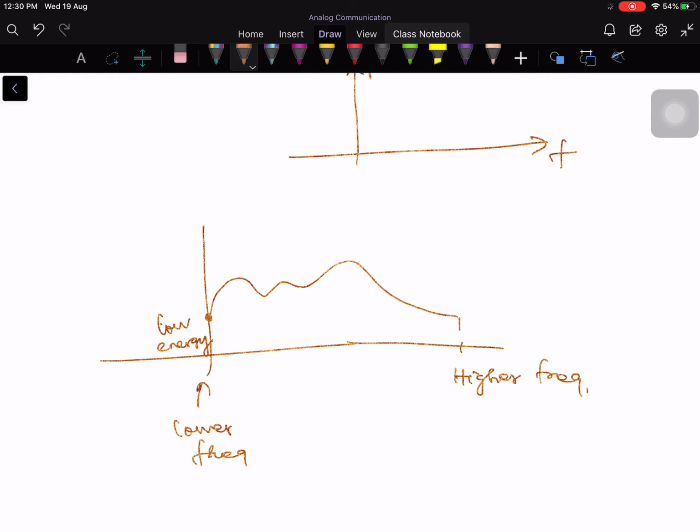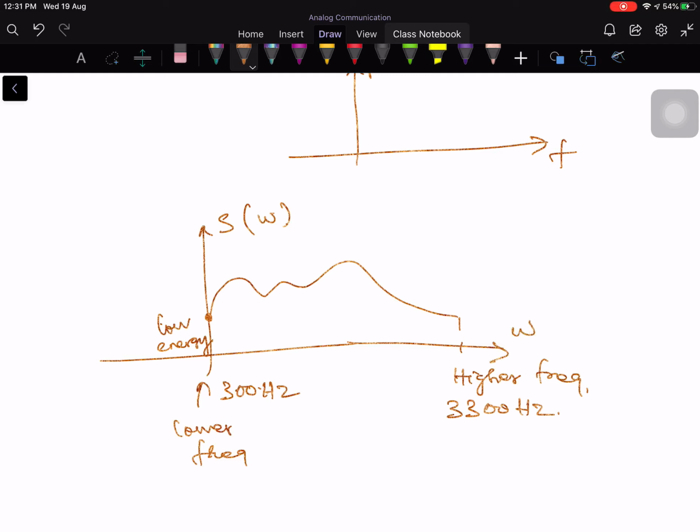And typically for telephonic communication, the lower frequency end is 300 Hz for human voice, and the higher frequency end is 3300 Hz. And this is a power spectrum. Power spectrum is denoted by S of omega. That is the notation for power spectrum. And it is a function of frequency omega, angular frequency.